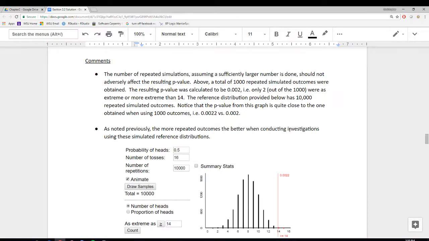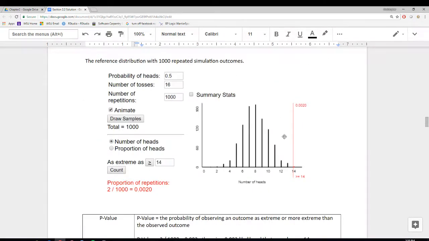Certainly the p-value is going to change slightly if I get a different number of dots, but it shouldn't change too much. In our example, I obtained 1,000 repeated simulation outcomes here, two of which were as extreme or more extreme than 14.